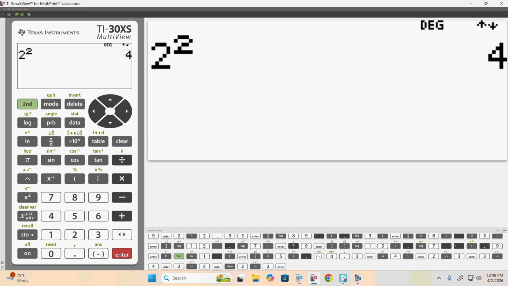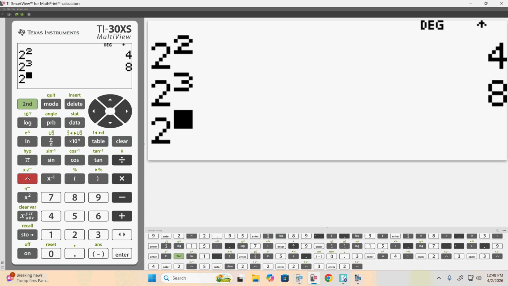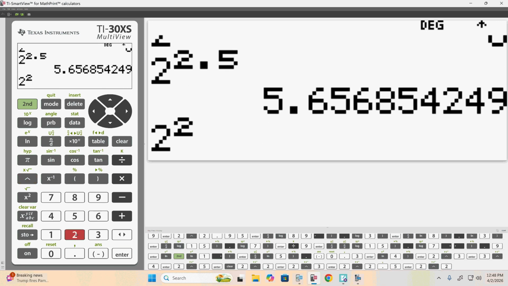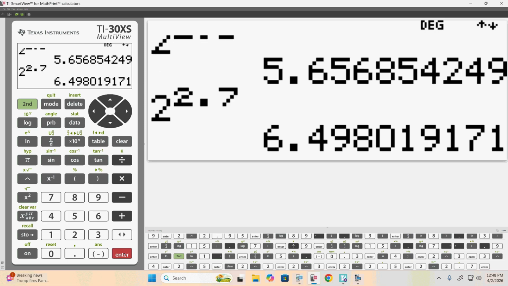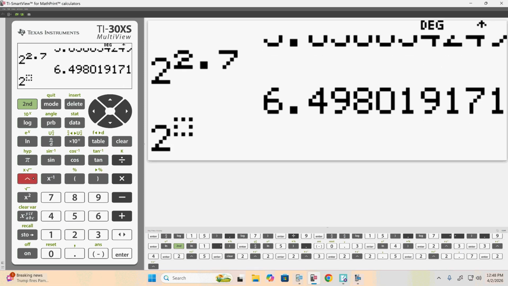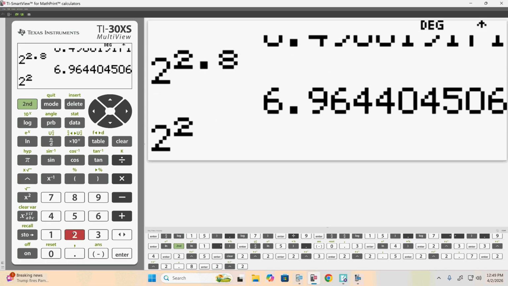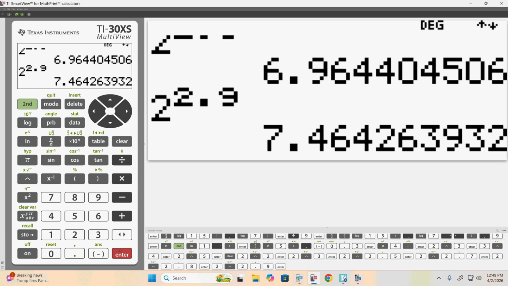2 squared is 4, 2 cubed is 8. So that's too big. So now if we were going from here, we start approximating. So we could say 2 to the 2.5 is too small. 2 to the 2.7, still too small. 2 to the 2.8, getting closer. 2 to the 2.9, that's gotten too big because we're trying to get it to be 7.